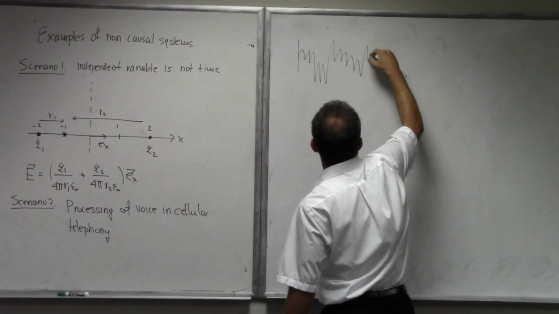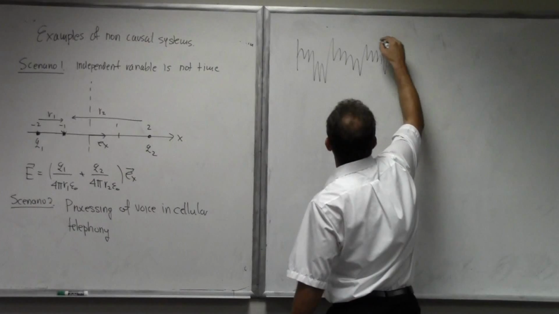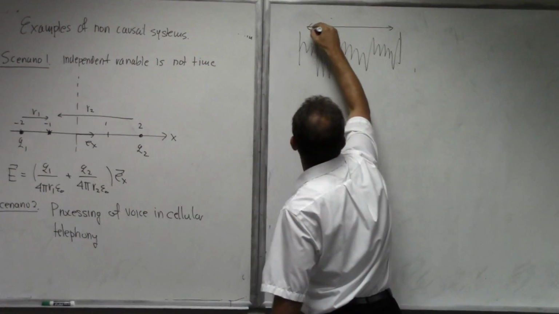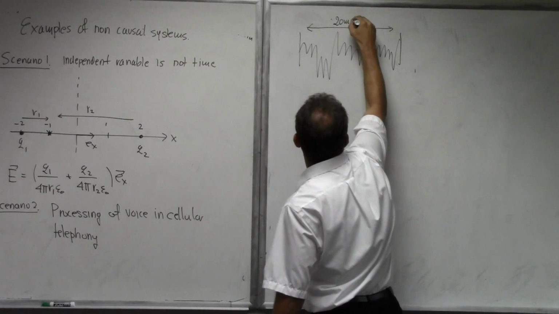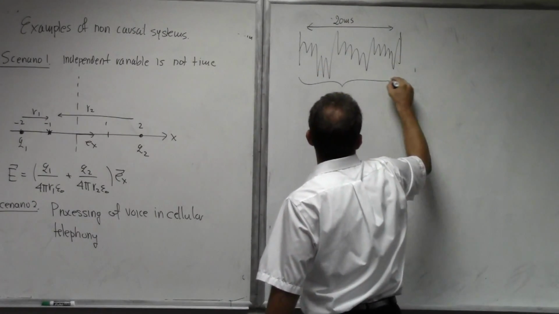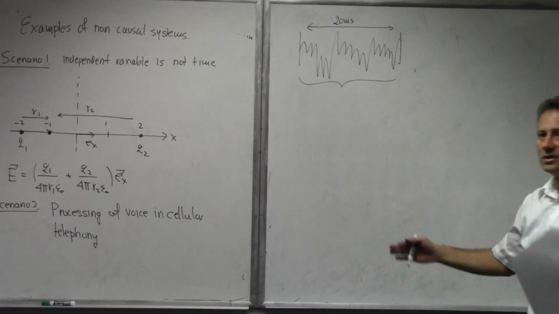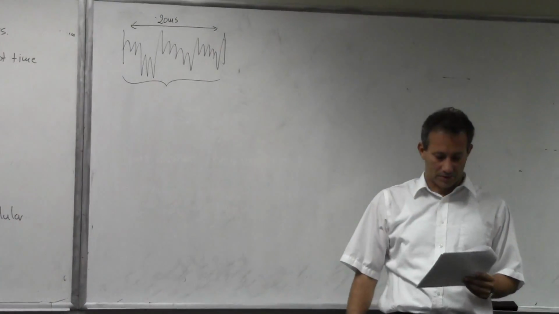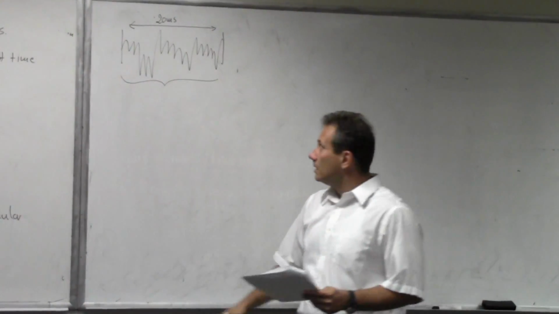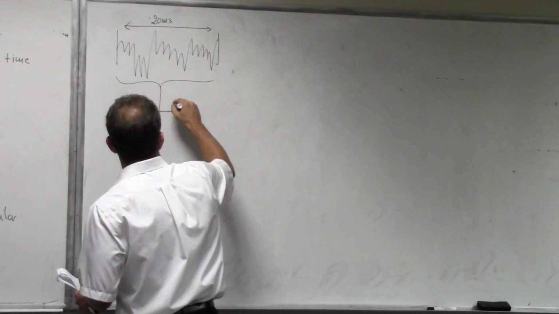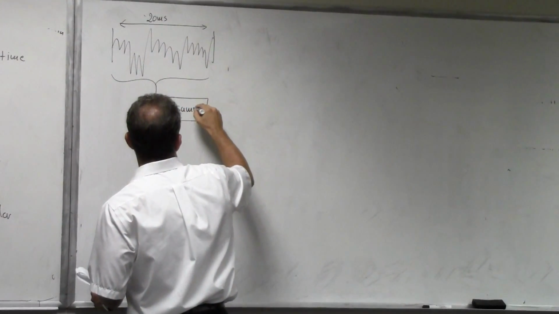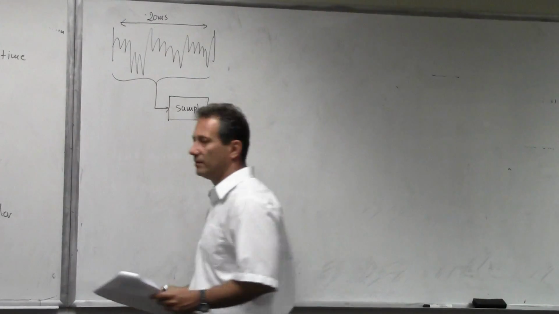We are taking, let's say this is your voice signal. We're taking 20 milliseconds of voice. Right? So we sample this and quantize, and we take 20 milliseconds of a sampled signal. Now let me just put it in a block diagram. We sample that. How often do we sample voice?